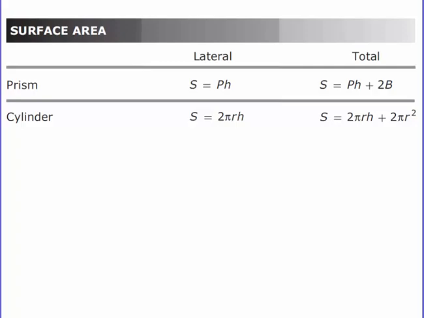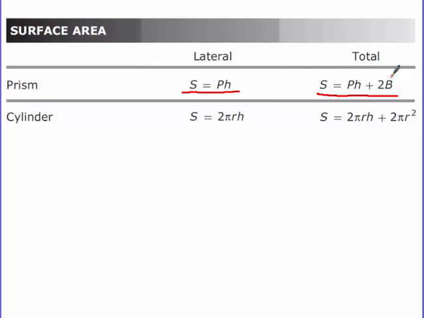So this brings about two new formulas. In the previous videos, we've done surface area of prisms, and we use the formulas surface area is equal to the perimeter of the base times the distance between the bases for lateral surface area, and for total surface area, the perimeter of the base times the distance between the two bases plus two areas of the base, because we've got two bases.